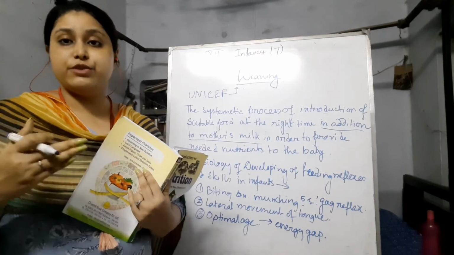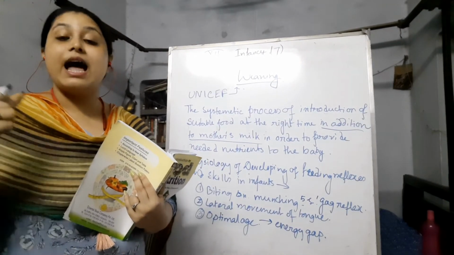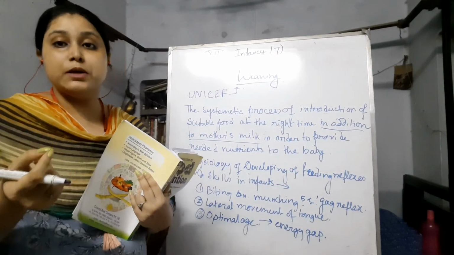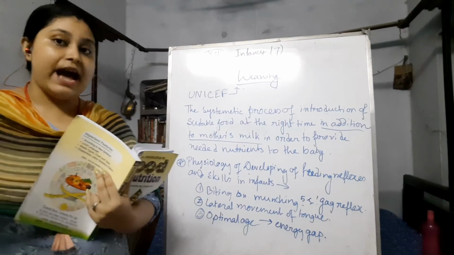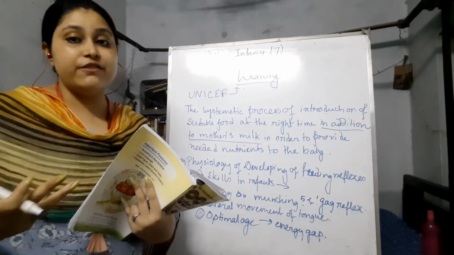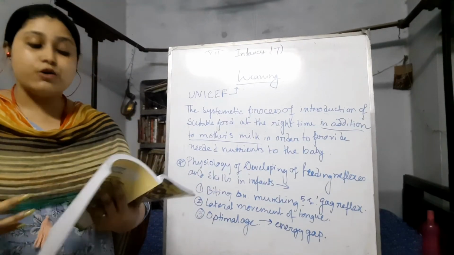First we introduce liquid foods, then semi-solid and soft foods, then finger foods like small pieces of cucumber, and after that solid foods. If we don't give them these foods, they can be poor chewers for their whole life.